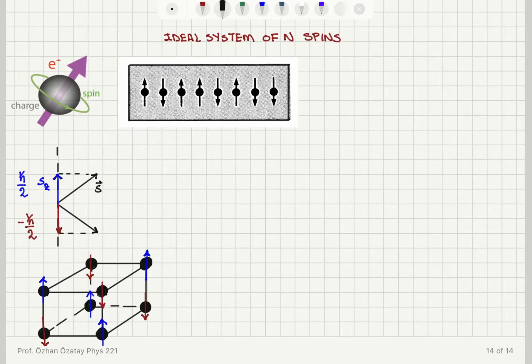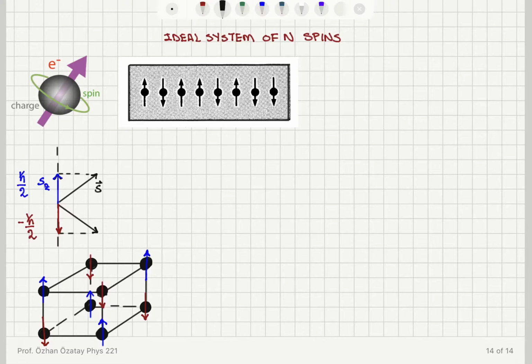So electrons carry a charge with them, electrical charge e, and classically you can think of the spin as the spinning of a spherical particle around its axis. So it's created by the spinning of the electron, which gives you a spin angular momentum.